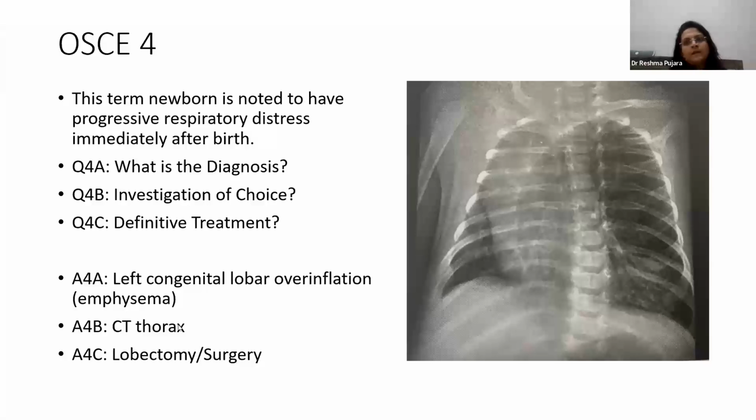And you can see the entire lobe of the lung being overinflated. That is something going against pneumothorax, but surely you have to look at various things and then take a wise decision. So we'll move on to the next question.